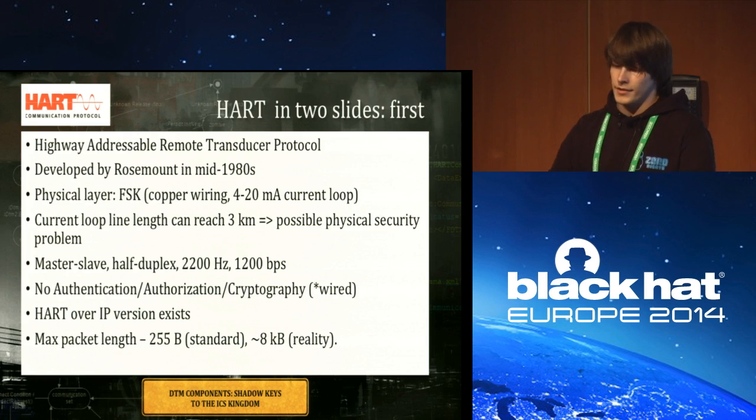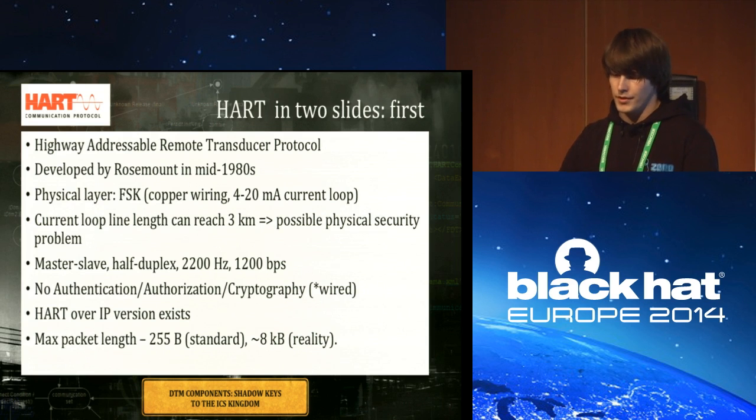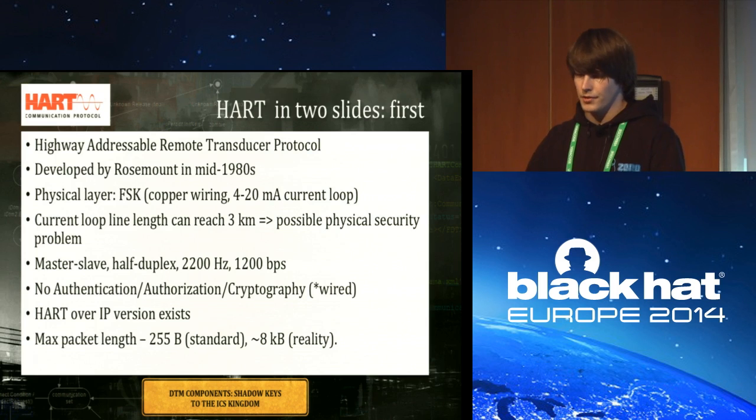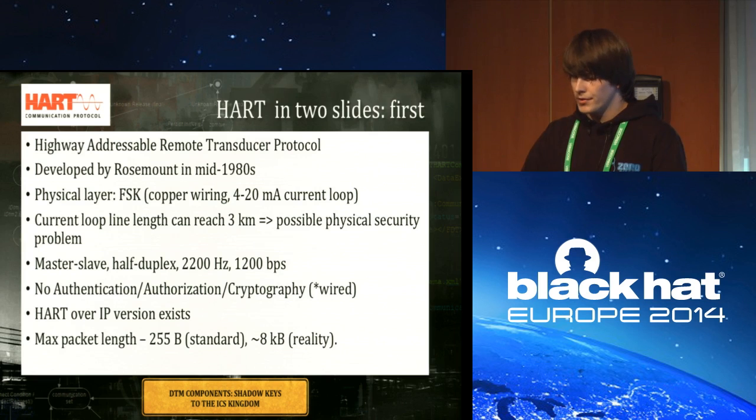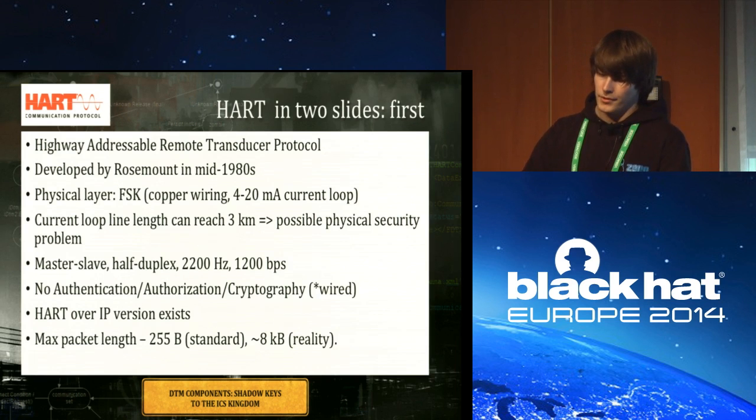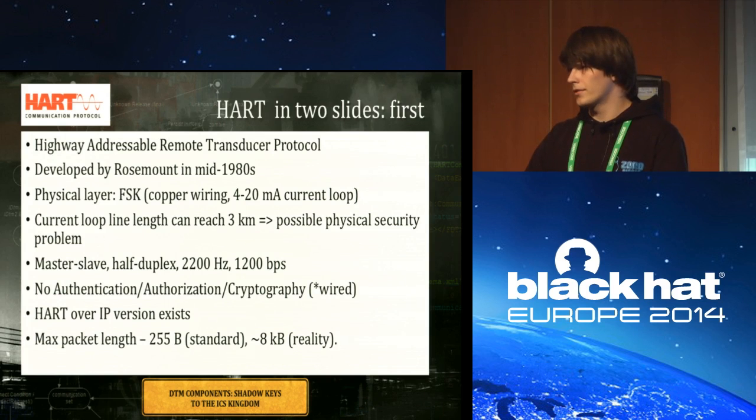HART, what is HART? HART stands for Highway Addressable Remote Transducer protocol. It was developed by Rosemount in the mid-1980s and is now supported by the HART Communication Foundation. HART is an industrial protocol primarily intended for hazardous environments such as chemical factories, power plants, and, as I said, oil and gas.